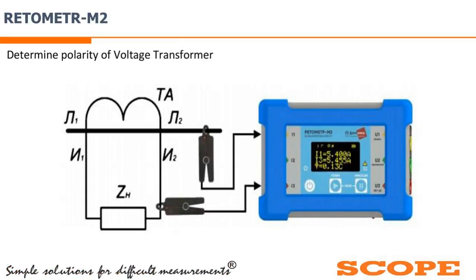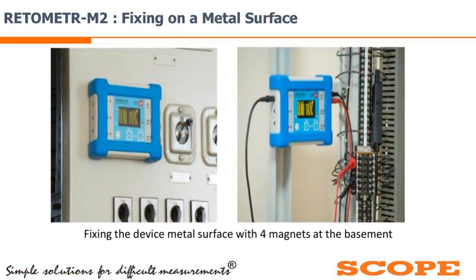Here you can see, to find out the polarity of the voltage transformer, we connect the primary side from the I1 input and the secondary side from I3. With that we get the polarity.